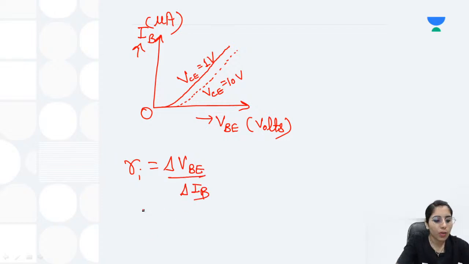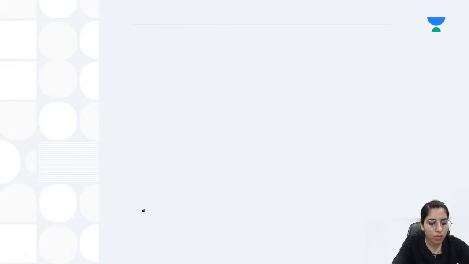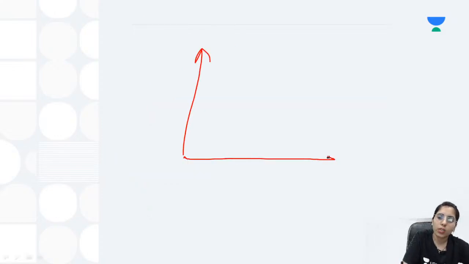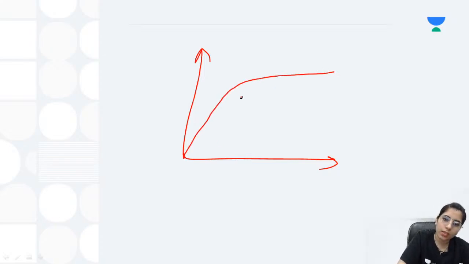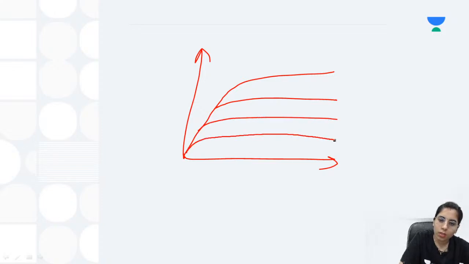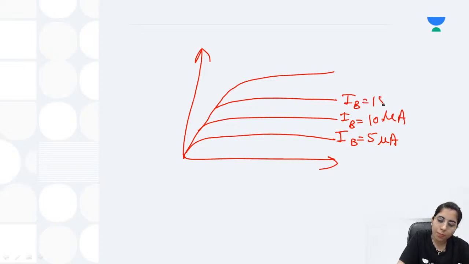Other than that, if you have to consider the output characteristic in case of common emitter, I'm going to show you the type of graph you will have. That's going to be something like this. This way, this way, this way, this way. It is IB equal to 5 microampere, that's something we are keeping constant.